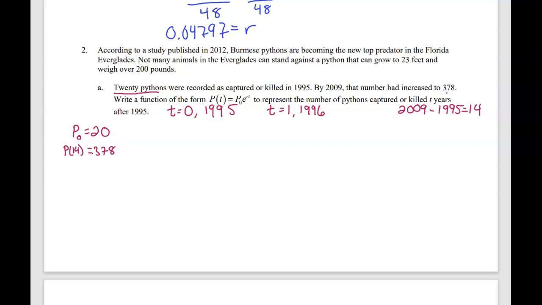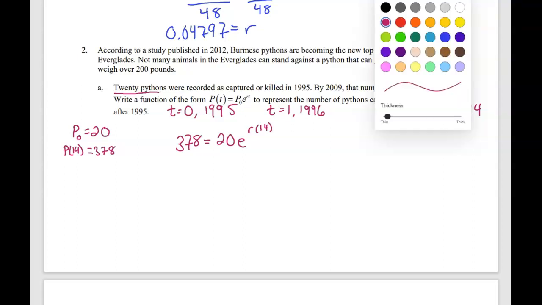I need to find that r, because I don't know what my rate is. But I do know these other numbers. So I'm going to have 378 is equal to my initial amount times e. I don't know what my r is, but I do know what the time was for this 378. That was after 14 years.